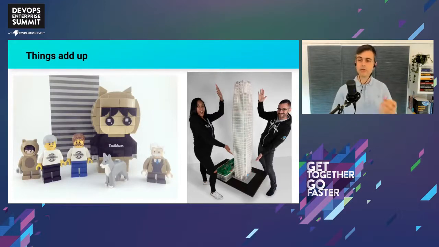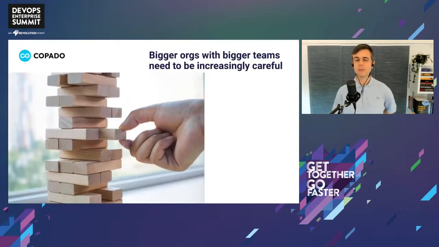You can take these small components, you can assemble them, you can build this magnificent structure. Your Salesforce org or environment looks like this Salesforce tower made out of Legos. But the reality is a bit more like building a Jenga tower, or trying to deal with a Jenga tower in many cases. Teams, as they get bigger, as the orgs scale, it becomes increasingly risky to make changes.